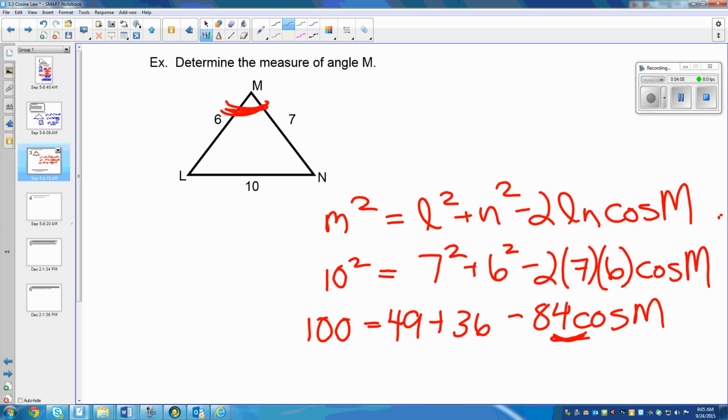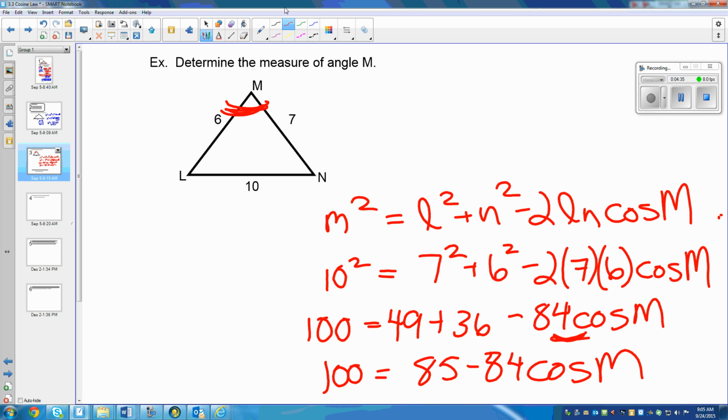However, we can do the 49 plus 36, so he was partly right. We got to combine these, make them smaller, but you got to be careful. You can't touch this multiplying 84 times cosine. So we get 100 is equal to 49 plus 36, that's 85, minus 84 cos M.